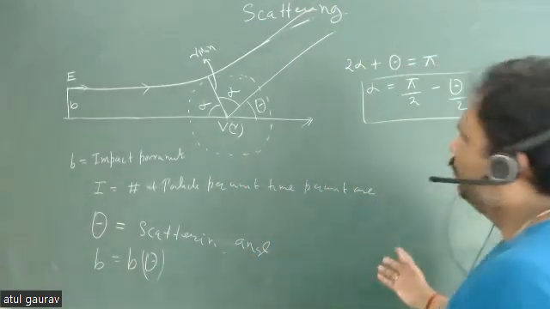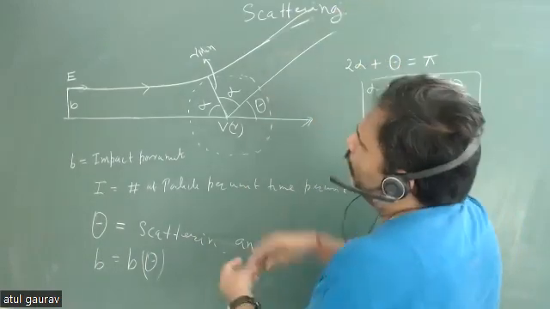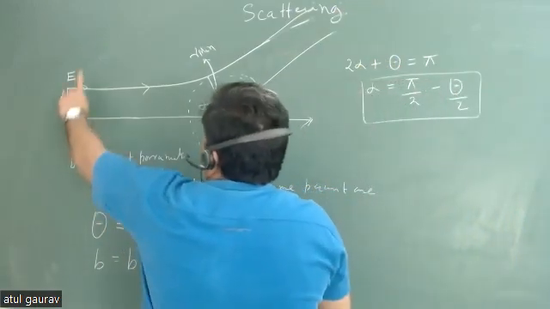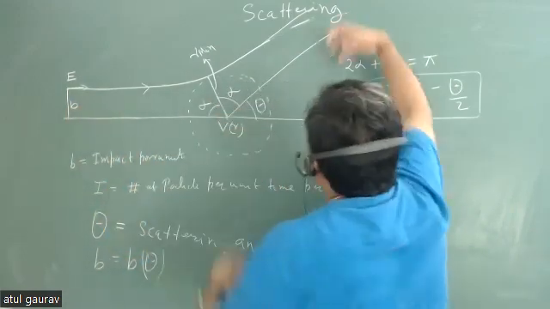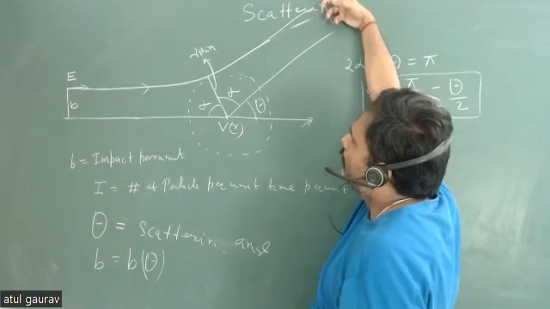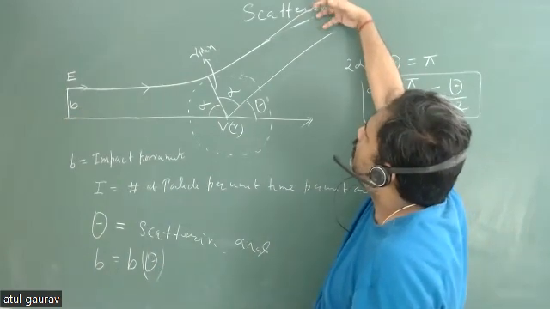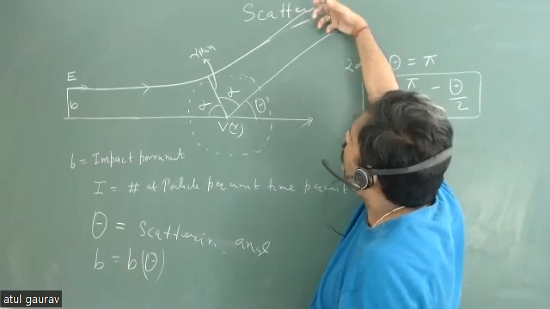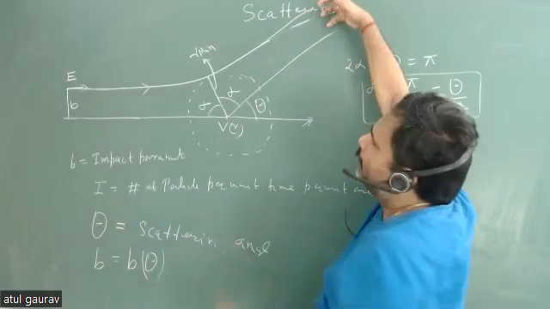So here there are different detectors. What will happen when you change b? Suppose at this particular b, this detector will work, and we will try to calculate the cross section where all the particles will be collected by this detector.